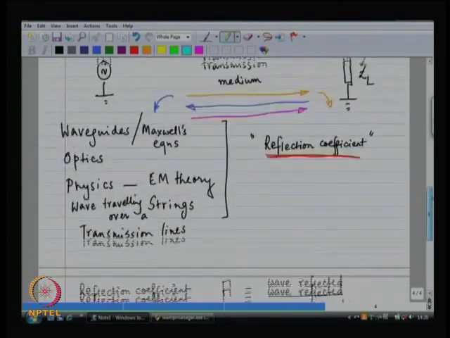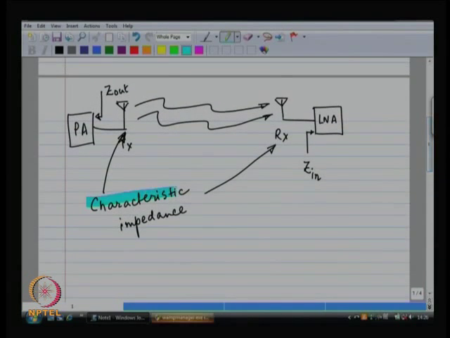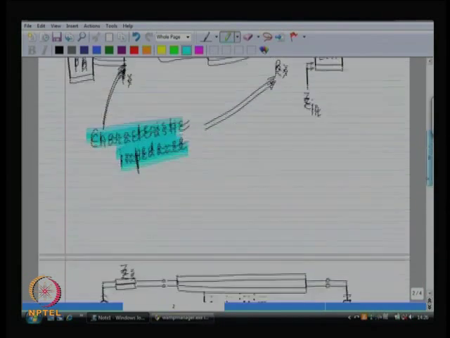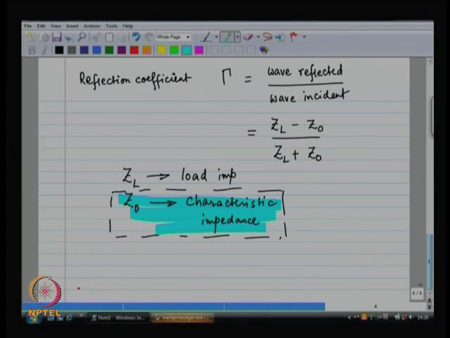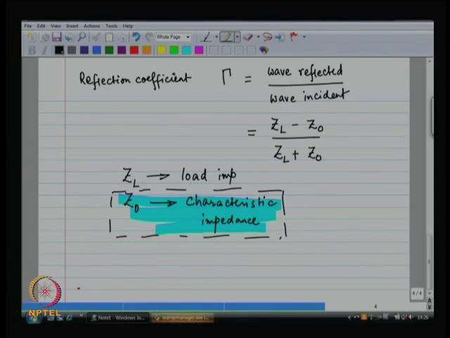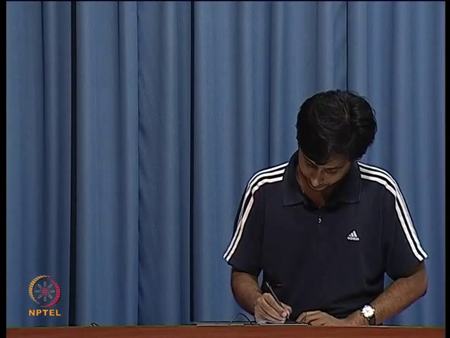This word came up earlier. Every transmission medium has a characteristic impedance, whether it is a wire, the atmosphere, or an optic fiber, whatever it is, as long as it is transmitting an electromagnetic wave, it has a characteristic impedance.